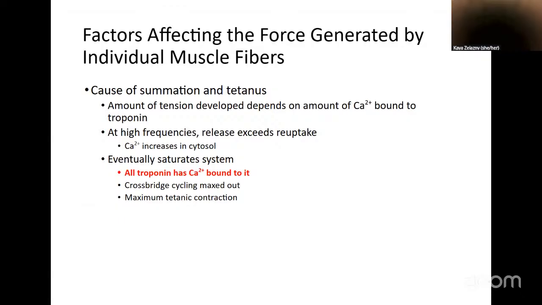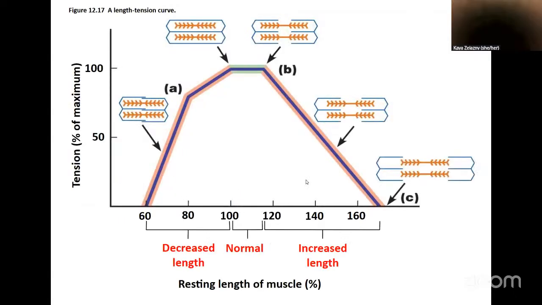So if you have lots of stimuli in a row, some of that calcium hasn't been cleared yet. Some of it's still sticking around, which means our cross-bridge cycling keeps going. And then when we hit tetanus, we've got our troponin completely full with calcium, so there's basically no more cross bridges you can form. You're at the maximum number. Okay, so here's that optimal length thing.